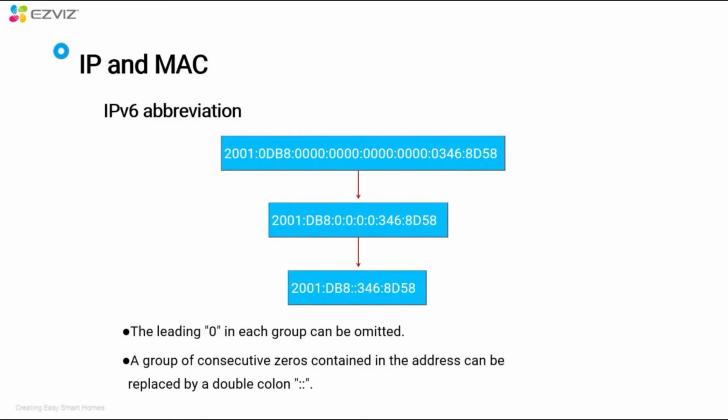For IPv6 abbreviation, you can refer to this picture. The leading 0s in each group can be omitted. A group of consecutive zeros contained in the address can be replaced by a double colon.